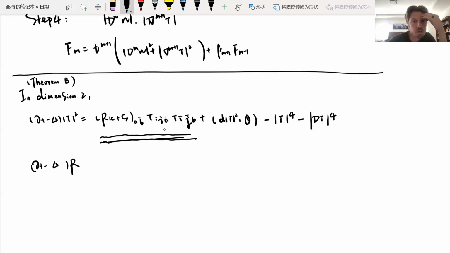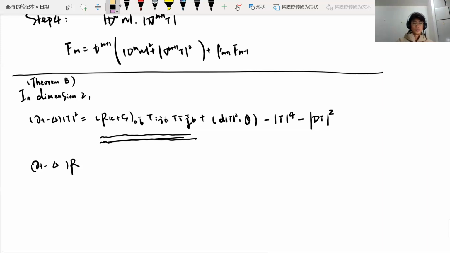Oh, sorry, Yanan. Looking at this one, do you really mean nabla T to the fourth, or is it probably squared? Here. And the first term, is it Ricci plus Q, or what is it? It's not the Q, maybe it's the Q3 in your definition, because it contracts the first two terms.